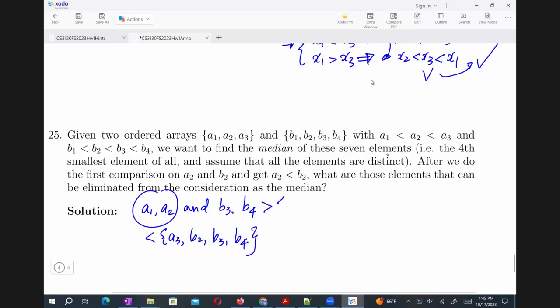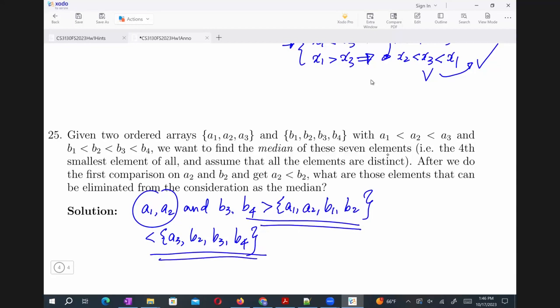B3, B4 are greater than A1, A2, B1, B2. They're greater than at least 4 elements. In that way, you convince me you have a solution. But many students missed this critical part. Okay? These two critical parts. Then you cannot get full credit. So I need to see these two critical conditions. Okay? Critical properties. All right, that's it.